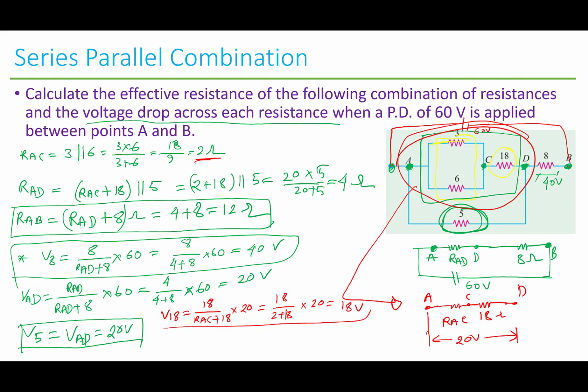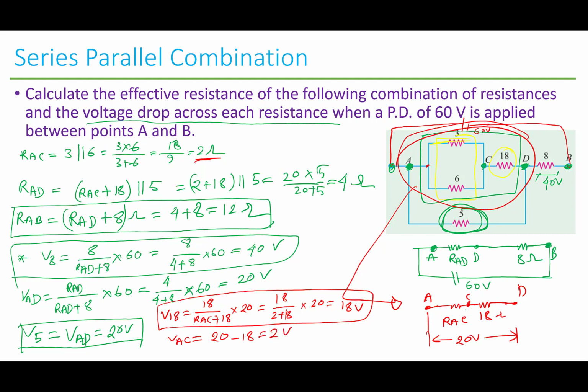Now we already know another voltage. If we know V18, we can subtract it from the total voltage of 20 volts to get the voltage across A and C. So VAC equals the total voltage of 20 volts minus the 18 volts we already know, which equals 2 volts.